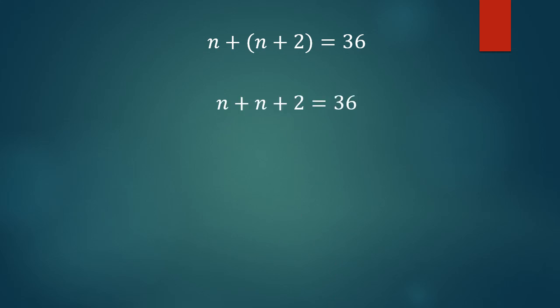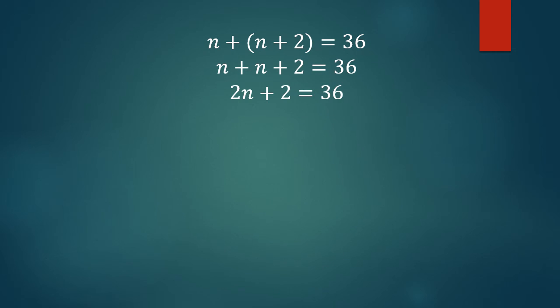We have like terms, n and n, which can be combined together into 2n plus 2 equals 36. This is a two-step equation. We can solve it by subtracting 2 from both sides, which makes me end with 2n equals 34. Dividing both sides by 2 will allow me to have n by itself, which is going to be equal to 17.